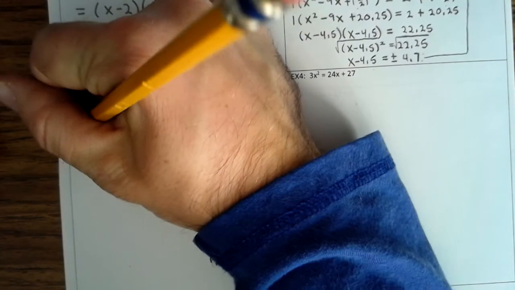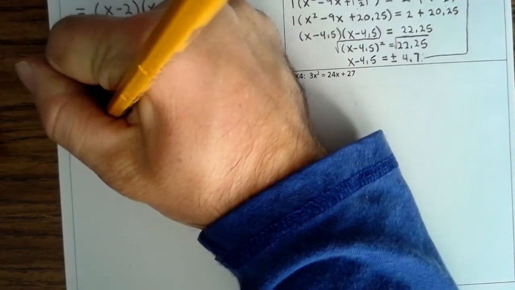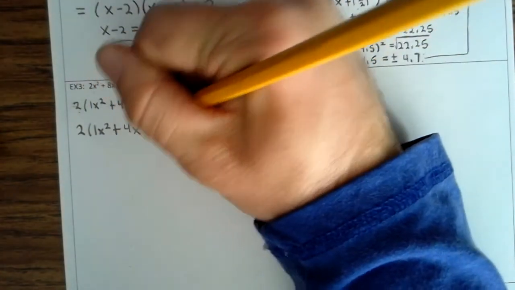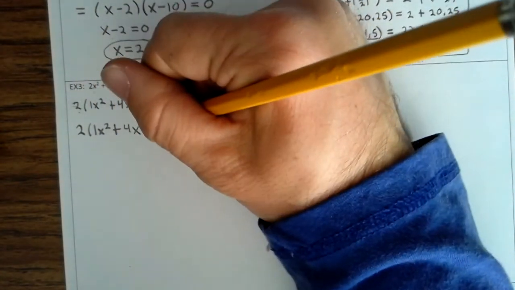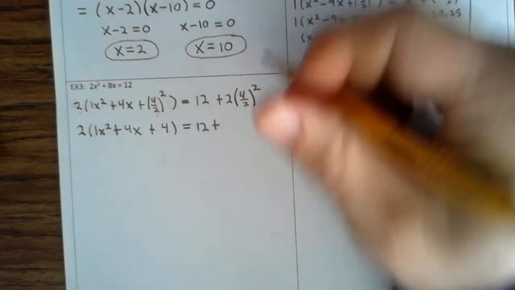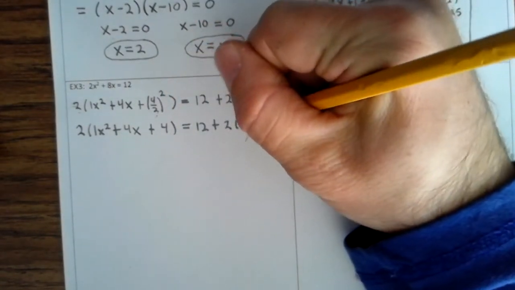So then that's 2, 1x squared plus 4x plus 4 divided by 2 is 2, 2 squared is 4, equals 12 plus 2 times 4.